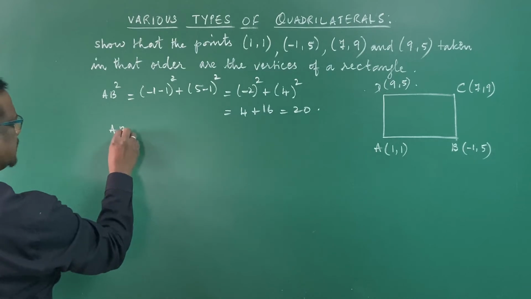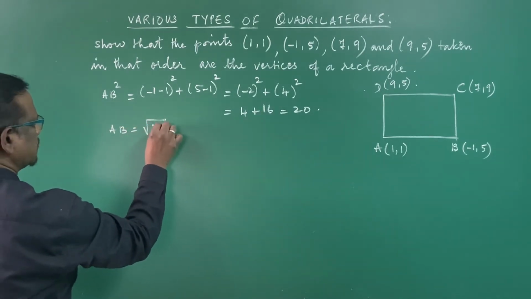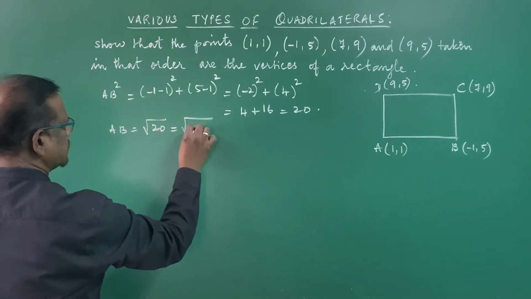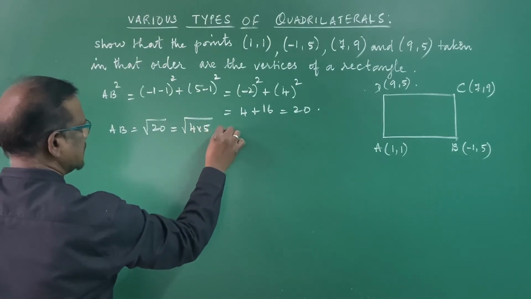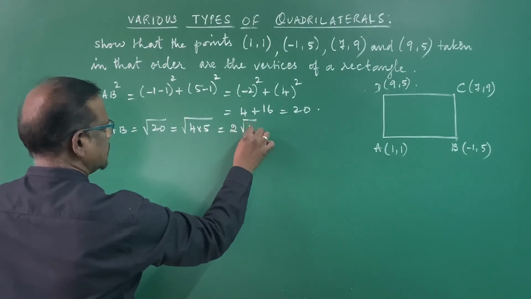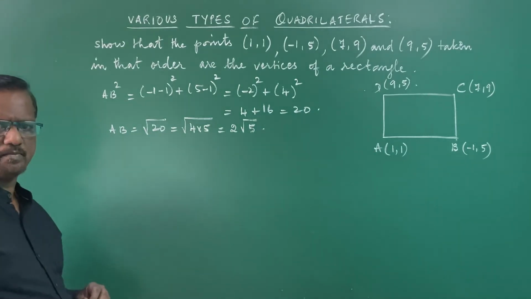Therefore, AB is equal to the square root of 20, that is equal to square root of 4 into 5. We can write this as 2 root 5.